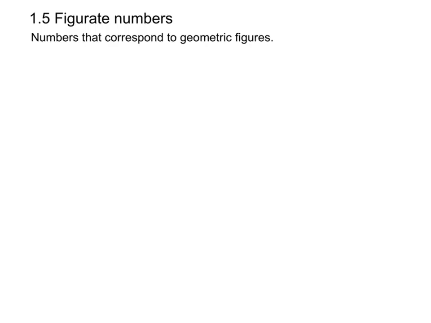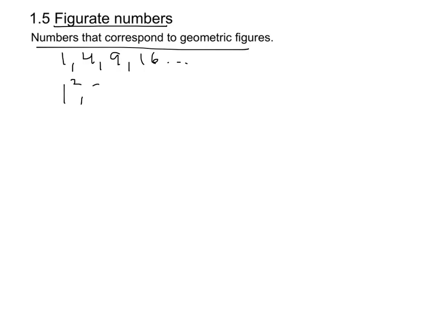So this next section talks about figurate numbers, which are numbers that correspond to geometric figures. The most common being 1, 4, 9, 16, numbers that you're probably more familiar with as 1 squared, 2 squared, 3 squared, 4 squared, etc. And the nth term of this sequence is going to be n squared.